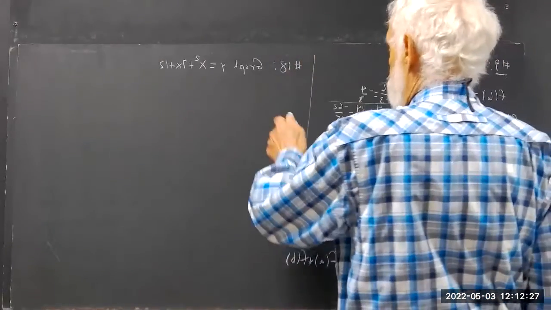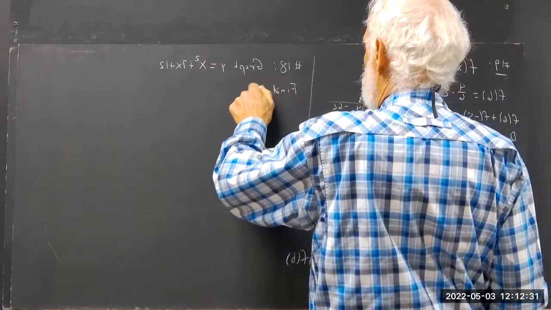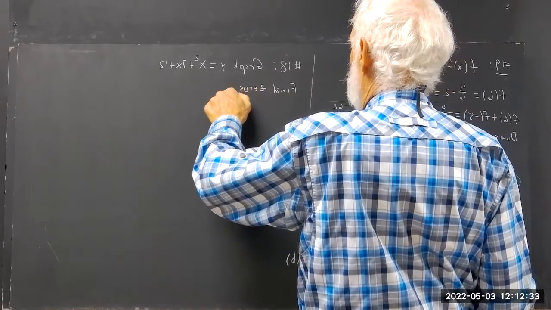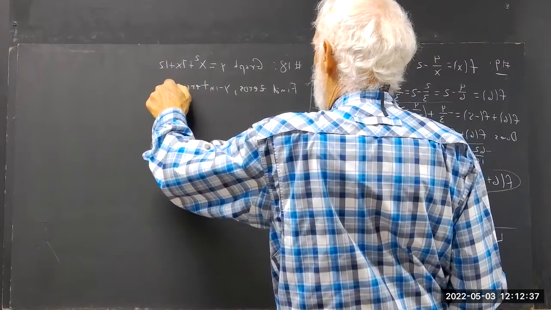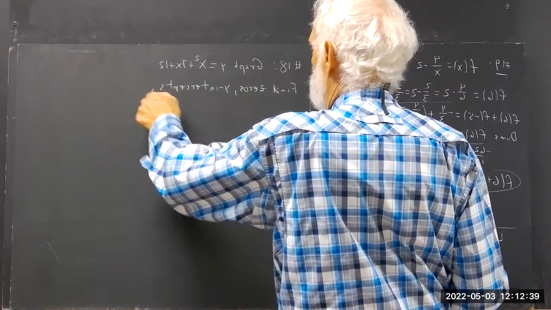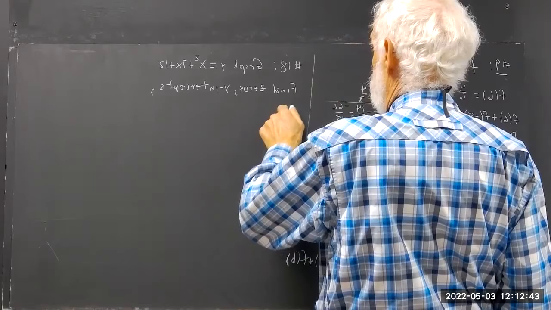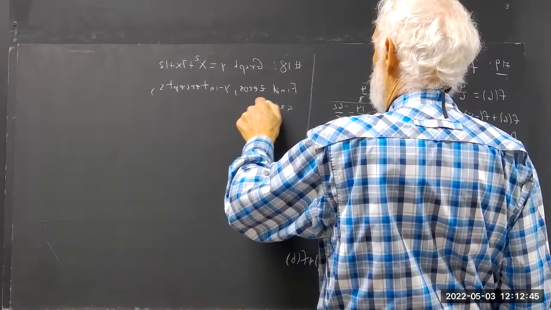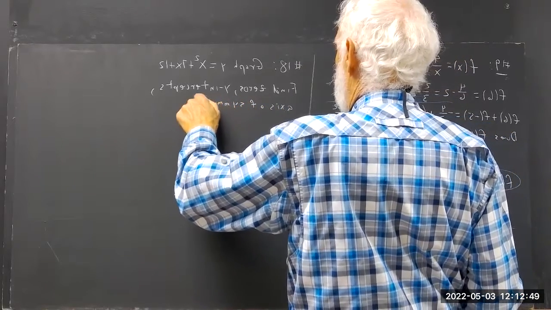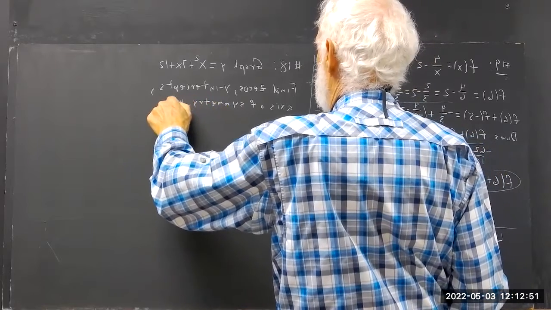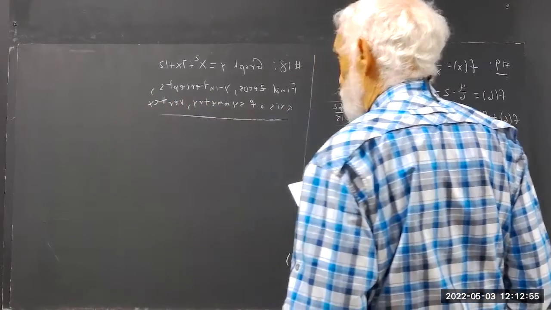But to graph, find the zeros, the y-intercept, the axis of symmetry, and the vertex.